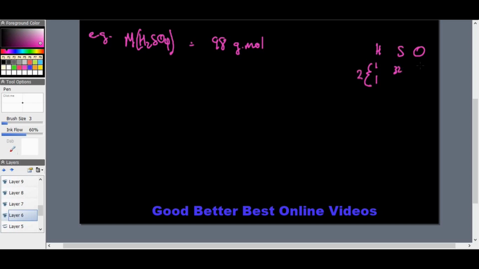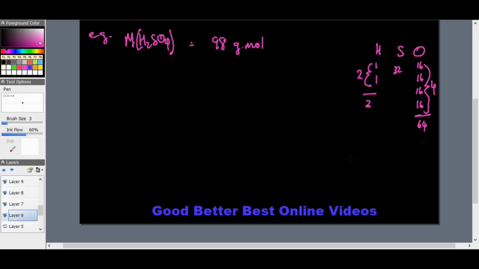Sulfur is 32. And oxygen we have 4 16s, so altogether this comes to about 64.